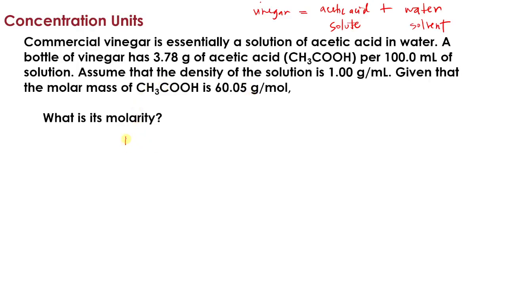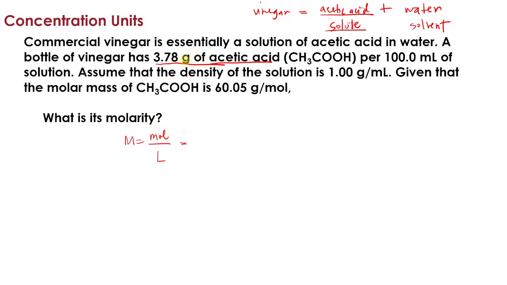Again, molarity is equal to the number of moles of the solute over the volume of the solution in liters. Let's start with the number of moles of the solute. So here again, the solute is the acetic acid, and the given is the mass of the acetic acid.